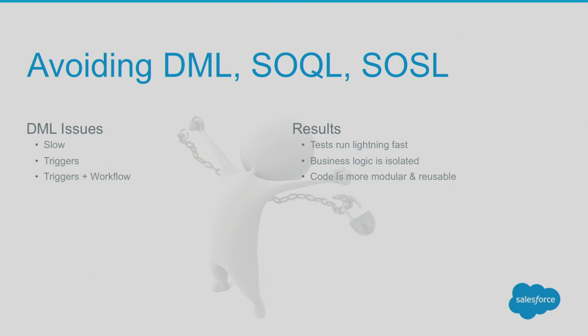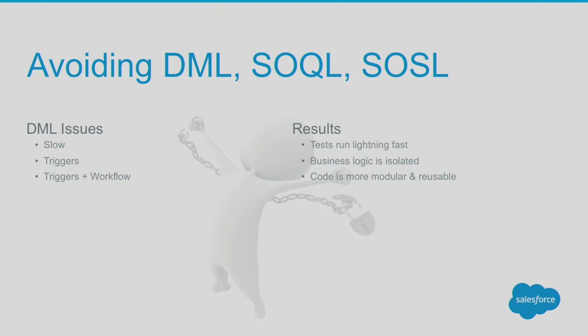There may be other code, other triggers that work on the objects that you're currently working on. So ideally, a lot of the time, it would be nice to separate your unit tests from all of that, right? Because you don't have control over a lot of it in a lot of situations. You don't care a lot about it since it's not your stuff, right? You want to test your code.